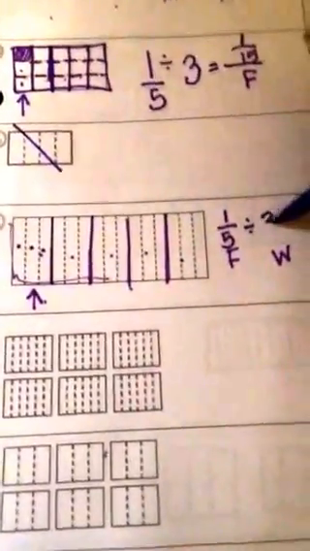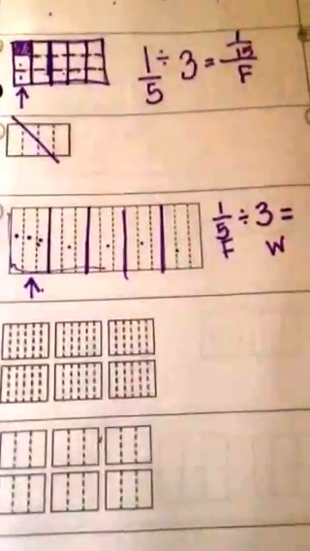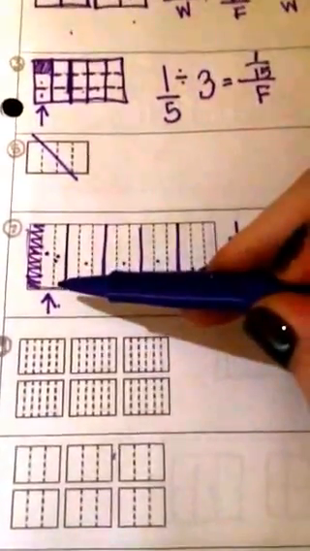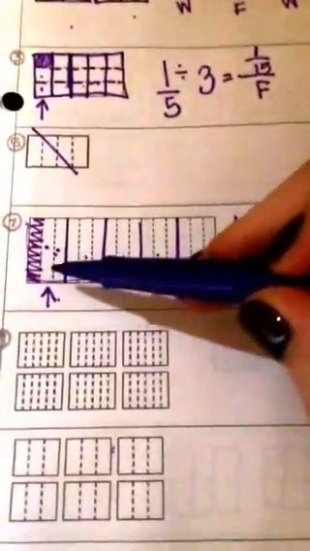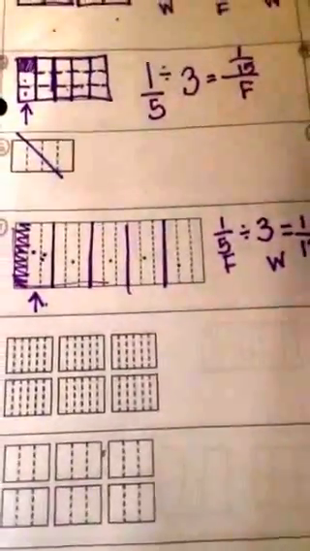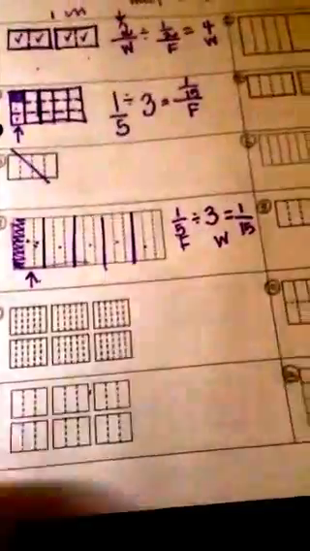So that 1/5 was sliced into 3 pieces. How interesting. Go ahead and shade in. So our answer is 1 new piece, and our denominator is actually the same as number 3. 3, 6, 9, 12, 15. So 1/5 divided by 3 is 1/15.